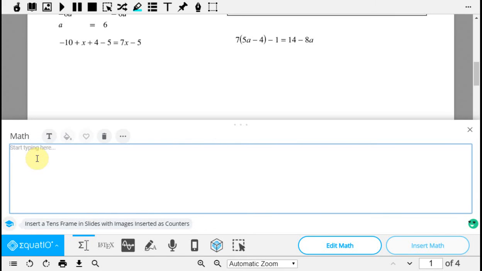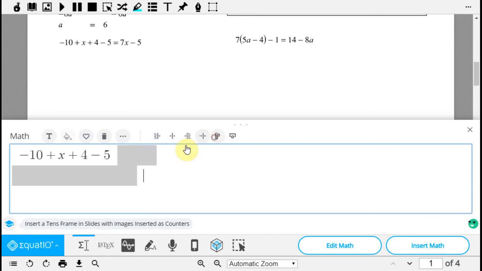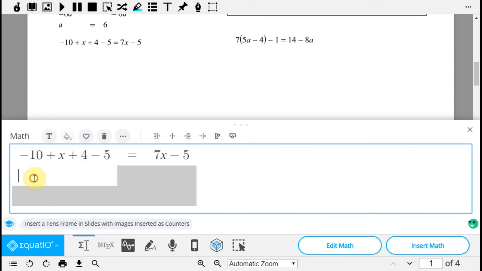We have minus 10 plus x plus 4 on one side, oh, and minus 5, equals 7x minus 5. First step in our list, if you were to go back and look, it says simplify both sides if possible.